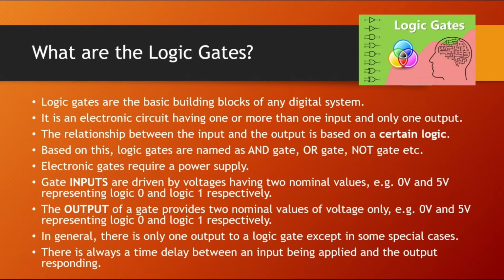In general, the output that logic gates give is 1 bit, but in special cases multiple output bits can be produced by such gates. One thing to note is that there will always be a time delay between the inputs given and the output produced. So this is how the logic gates can be studied.